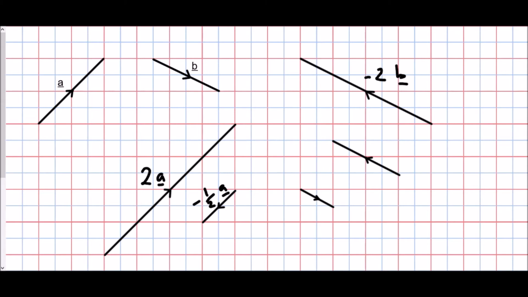The next one is actually just the same vector as the original but in the opposite direction, so just negative B. And in the last one, it's following in the same direction but half the length, and so it's half B. Now again, if we compare the original vector with the ones we have here, we can see they are parallel, and the reason for that again is that common factor. They all have a common factor of B.